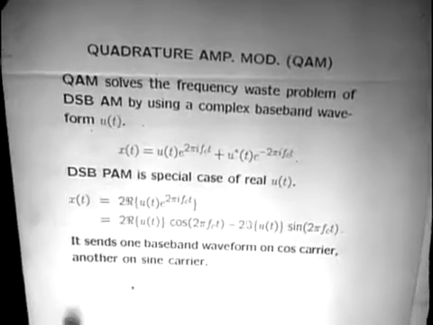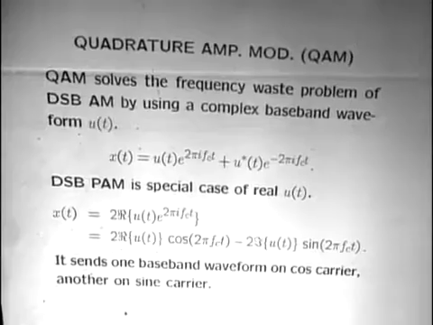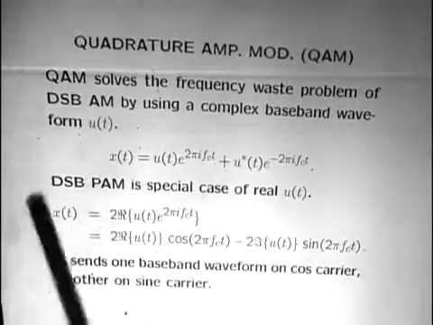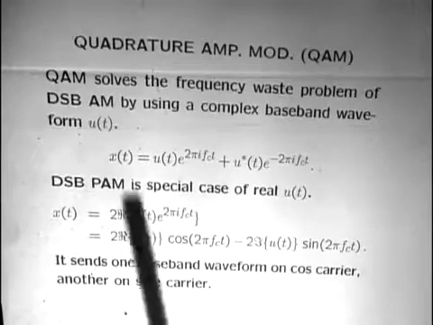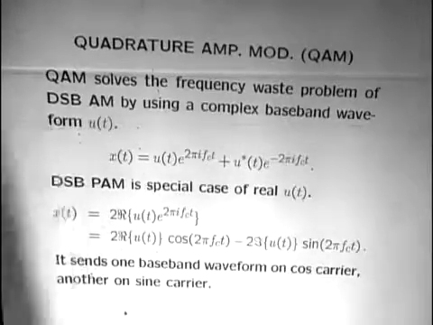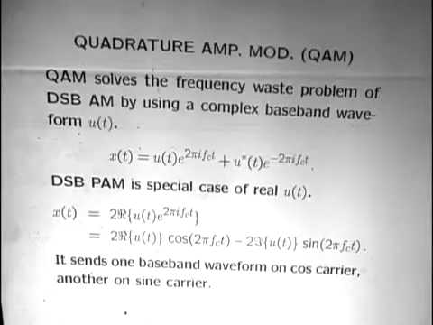Okay, QAM, which is what quadrature amplitude modulation stands for, solves the frequency waste problem of double sideband amplitude modulation by using a complex baseband waveform U of t. Before, what we were talking about is these signals, which were one-dimensional signals.